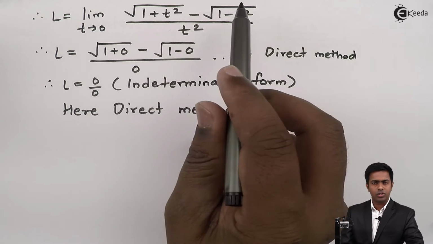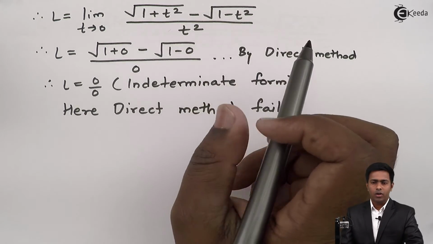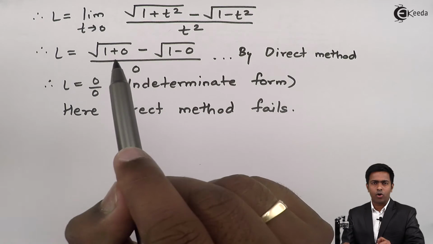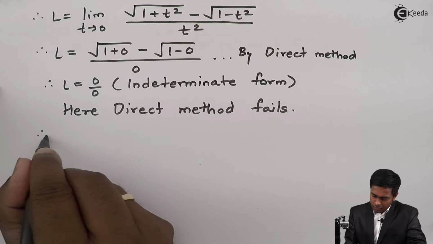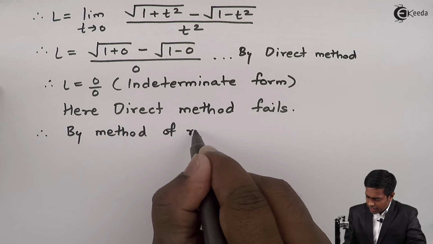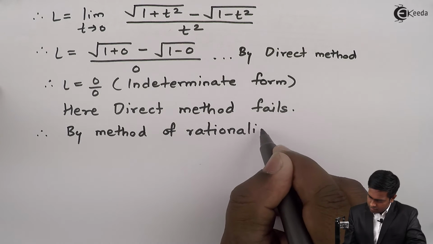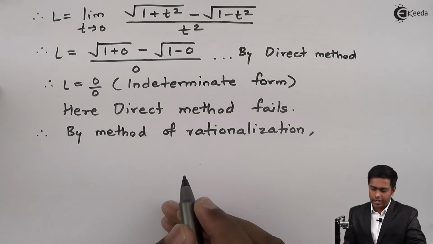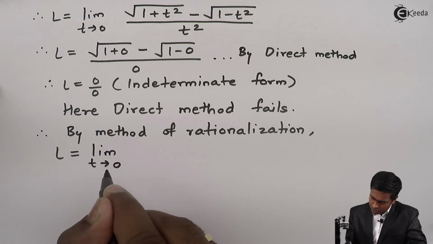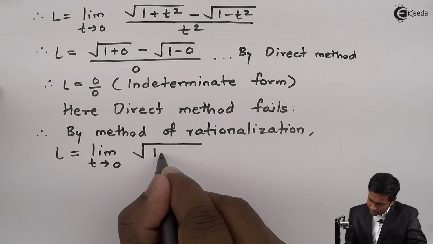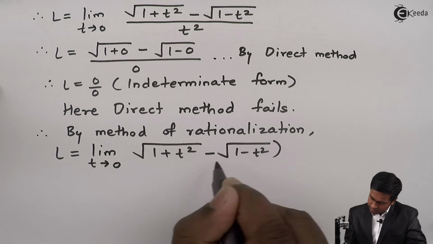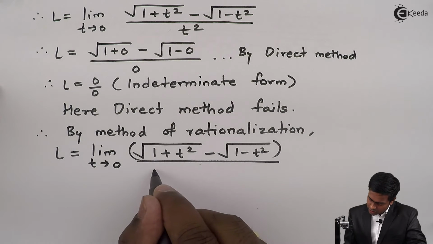Whenever we have square roots and want to remove them, we use the method of rationalization, where we multiply the term with its conjugate. So by the method of rationalization we get L as limit t tends to 0, square root of 1 plus t square minus square root of 1 minus t square upon t square.